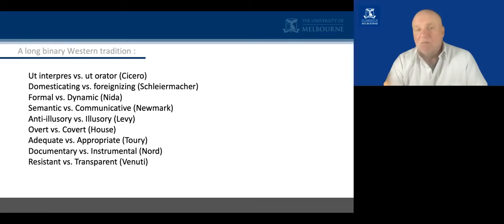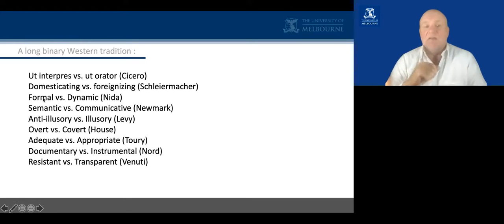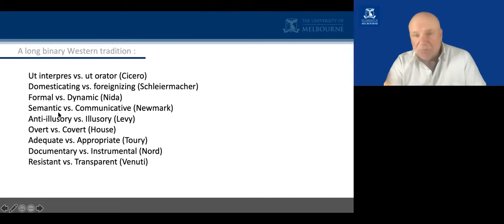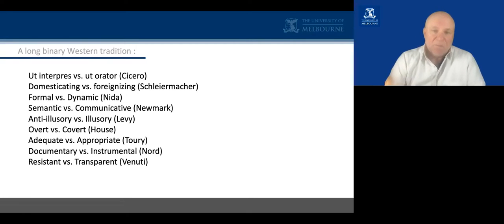The Bible translator and theorist Eugene Nida distinguished between formal correspondence and dynamic equivalence. So we're going to look at that in a moment. And you might have heard of some of these others that I'm not going to go into now, but I just indicate the strength of that either or thinking about translation.